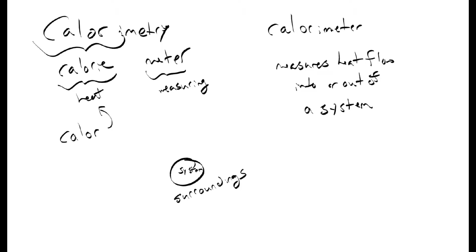And just so you know how much we care about what we're talking about, the system plus the surroundings equals the universe. So technically, for the math, it kind of matters. The system is the thing we're studying. The surroundings is literally everything else. Together, they add up to the entire universe.